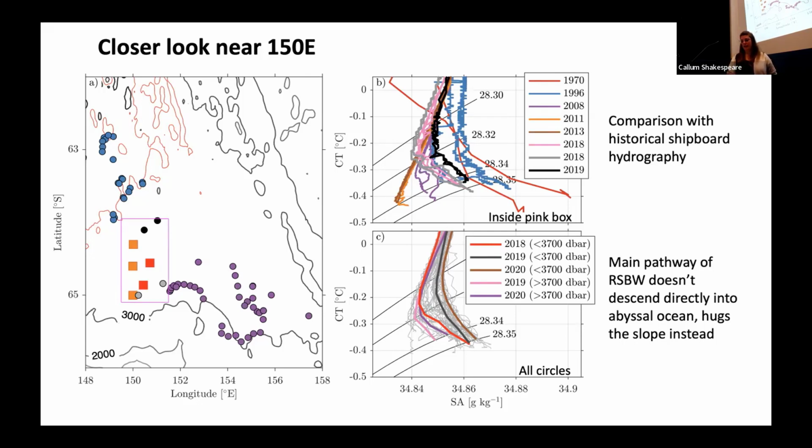And then in 2019 and 2020, especially for the very bottom waters, the 2020 deep profiles are actually fresher than the 2018 shallow profile. I'm using shallow quite loosely here because it's shallower than 3,700, so some people might think that's quite deep. But you see this start to hint that the Ross Sea bottom water is going that way rather than into the depths.